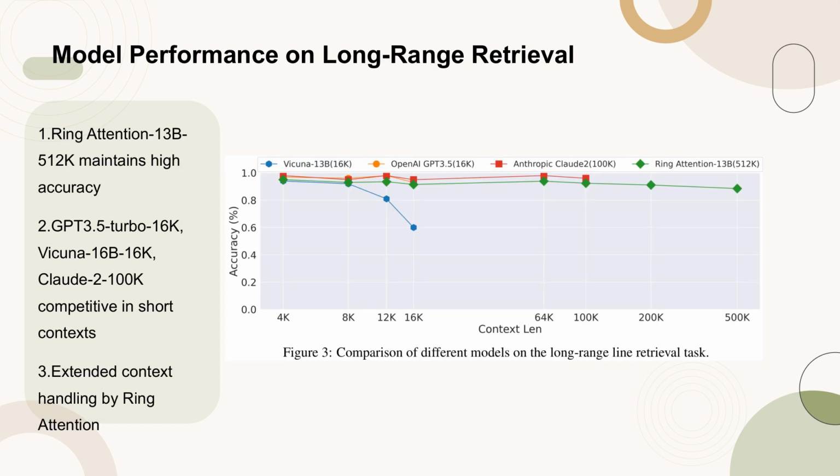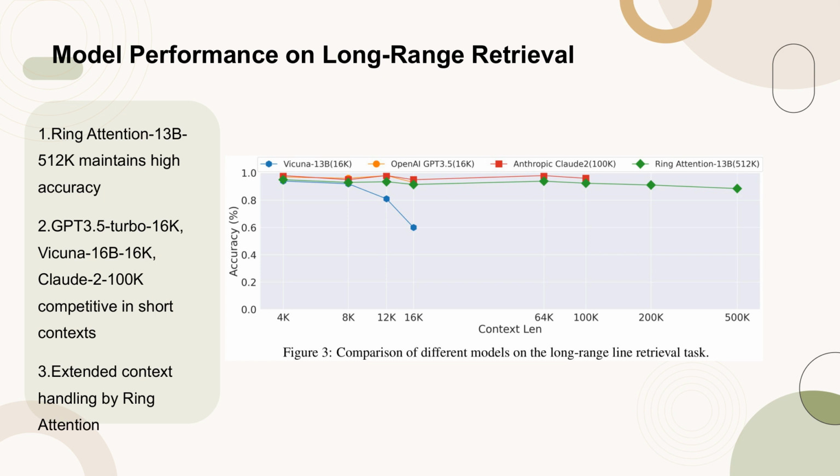Figure 3 illustrates the performance of various models on the long-range line retrieval task, which assesses the ability to accurately retrieve information from lengthy documents. The ring attention 13B512K model demonstrates superior accuracy even with extended context lengths, highlighting its effectiveness in managing long sequences.